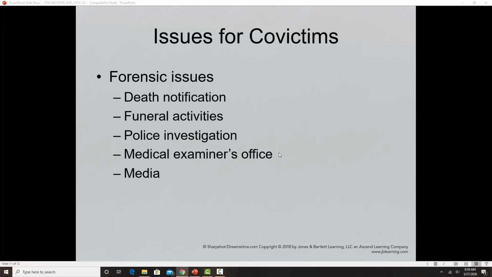Some of the issues that we look at in terms of dealing with co-victims: death notifications, and this is usually done by police officers, and more police officers are being trained by psychologists on how to deliver a death notification in the most compassionate way possible. Other issues that co-victims are going to have to deal with, of course, are funeral activities, police investigations, potentially going into trial, witnessing trials, dealing with the medical examiner's office, and in some cases dealing with the media.